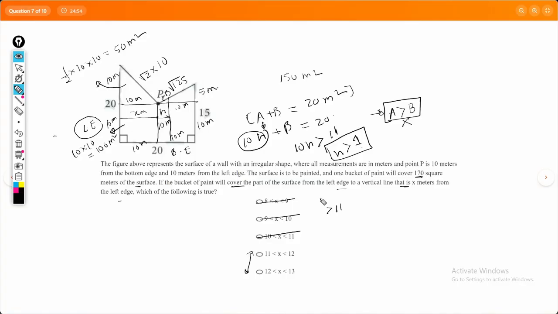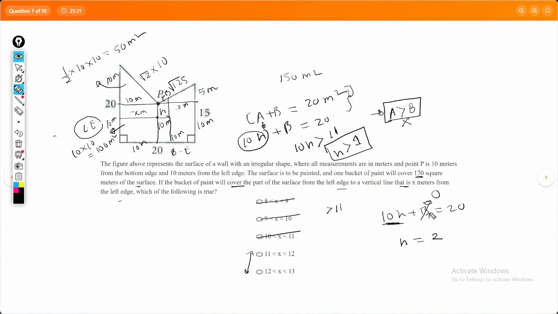Then we have to find the maximum value of h, and we can still use this relationship to find it. Let's say 10h plus b is in between. So what could be the maximum value of h? Let's say for the sake of simplicity, the value of b is 0. This is not going to be the case here, but still, for the sake of simplicity, let's consider this. So the value of h will be 2 from this relationship.